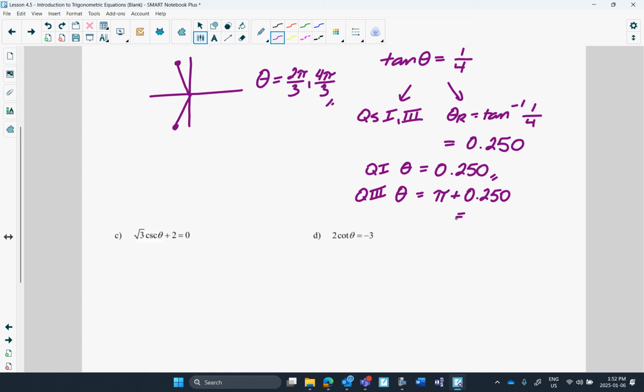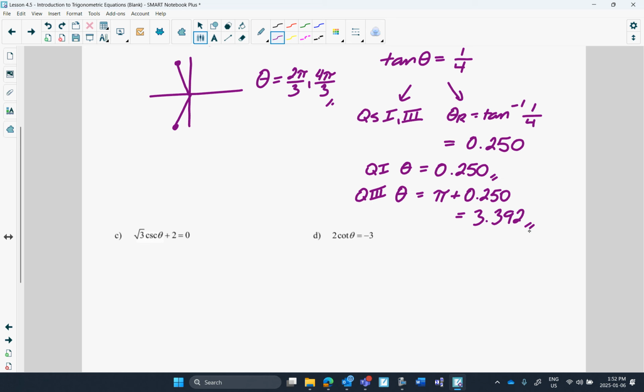That's going to give us 3 point something. 3.392.